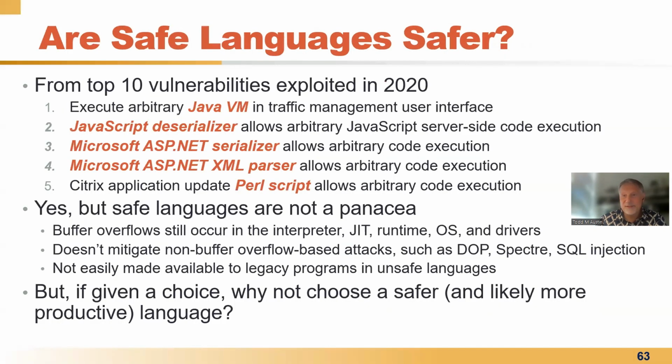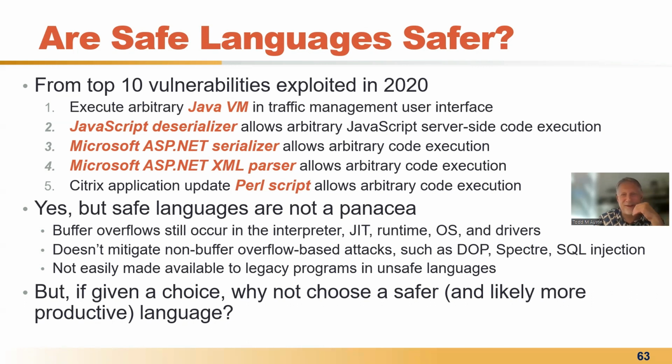So are safe languages safer? And I always like to go to these lists of top vulnerabilities on the internet. And this was from a list that was published in 2020. They showed that of the top 5 vulnerabilities, one is a Java VM attack, another is a JavaScript deserializer attack.